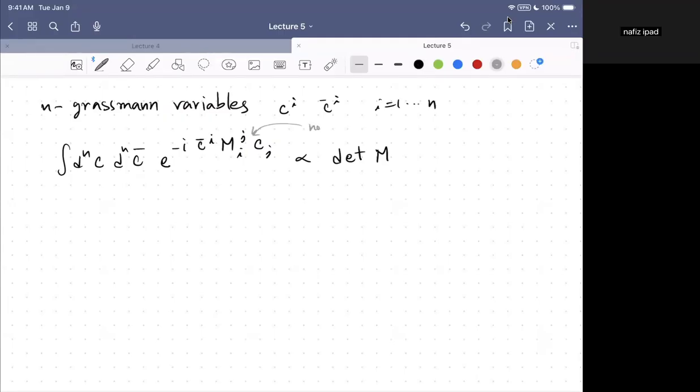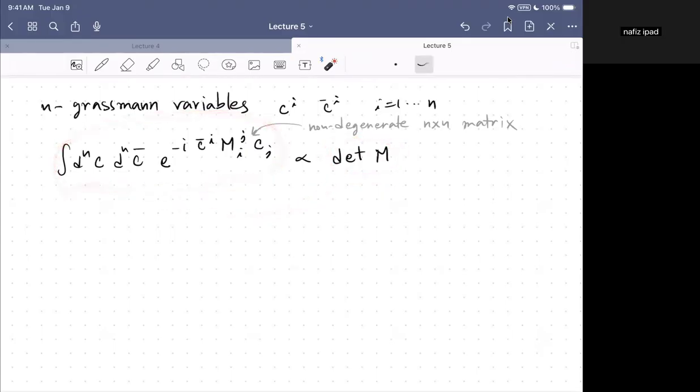Here it's any, we will take it to be a non-degenerate n by n matrix. Otherwise, you would get 0. Okay, so this is a very useful formula. This formula allows you to convert the determinant of any matrix into a path integration.